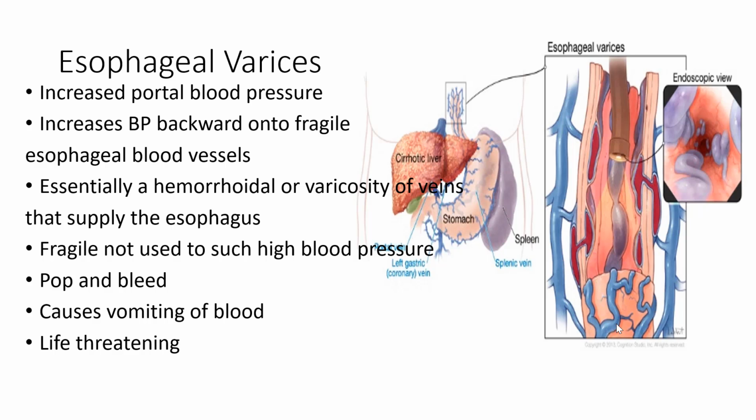If you increase the pressure of fluid in your legs, then you have the outpouching of these small venules. This is meant to be a low pressure system, so when you have backup in the portal system, it backs up into this esophageal blood supply, and these arteries and veins will start to pop. It is one of the number one causes of death for patients with liver failure, because they pop and they bleed profusely, and it can be quite life-threatening.